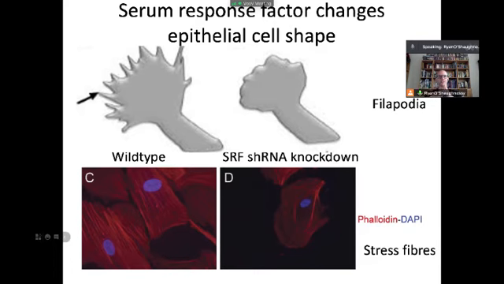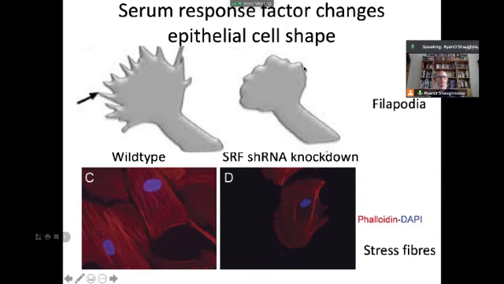So what does serum response factor do? Serum response factor can change epithelial cell shape, and typically serum response factor allows the formation of processes called filopodia. So in a cell, filopodia are kind of spiky outgrowths of the cytoplasm. And in a knockdown of this serum response factor, these filopodia are no longer made.